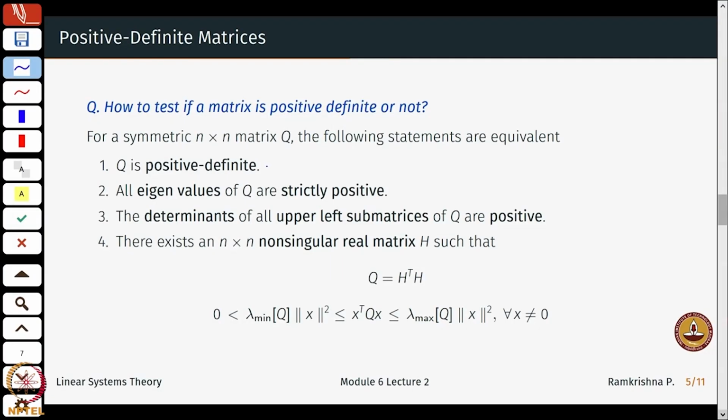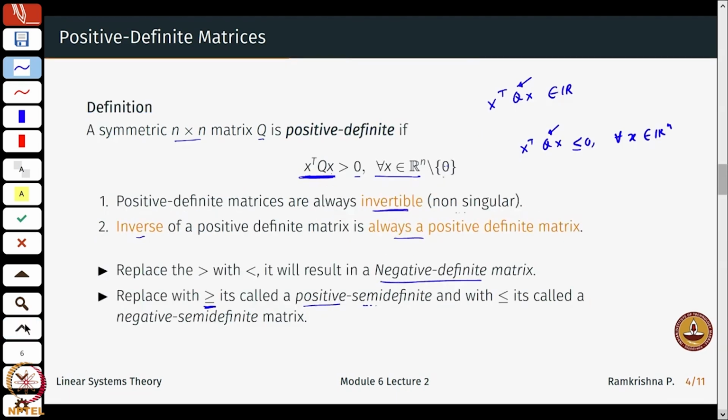So, Q being positive definite is equivalent to saying that all eigenvalues of Q are strictly positive. Here I am talking of symmetric matrices only, so this should be stressed.